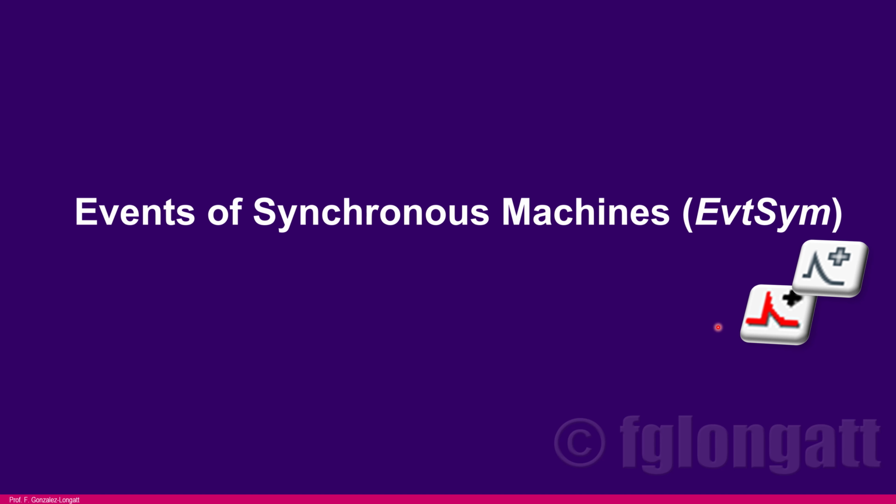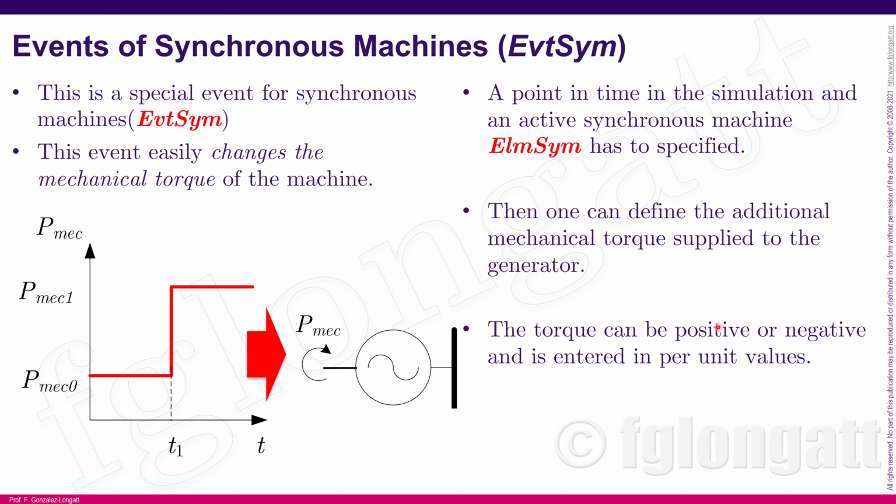Another event, I will be using this one for small signal stability later, and one of these events is basically the synchronous machine, okay? The event synchronous machine, EvtSym, is basically to change the torque, okay? Here in this plot, it must be torque.